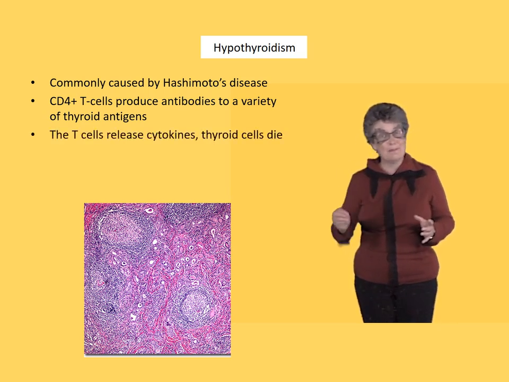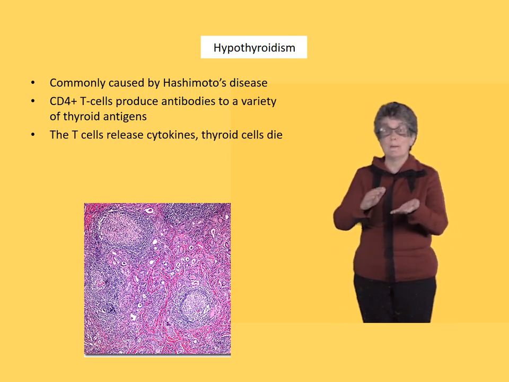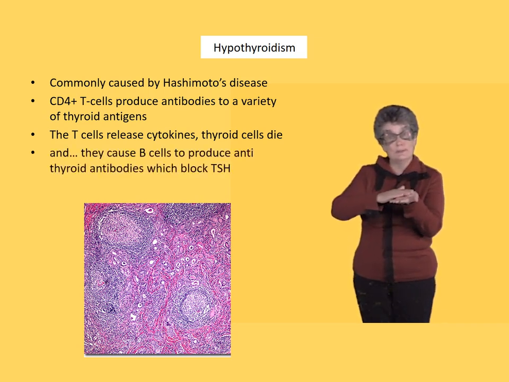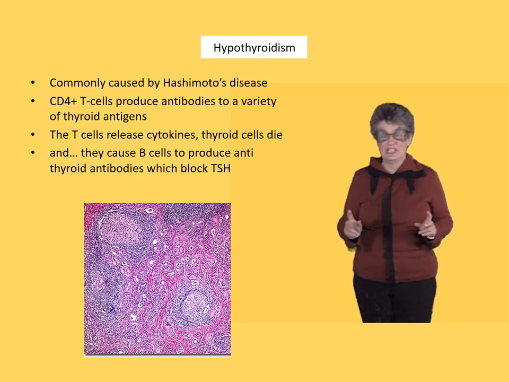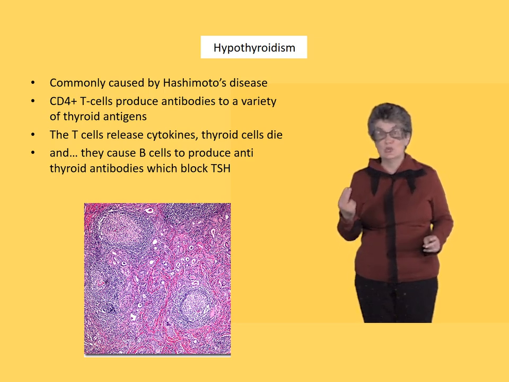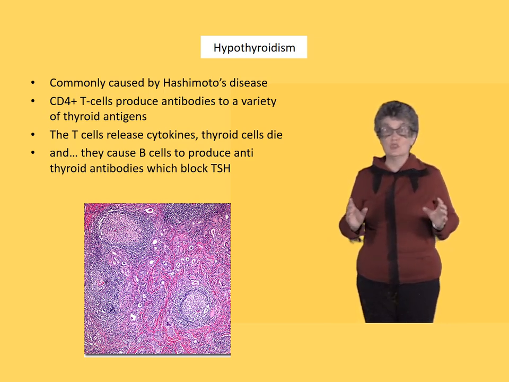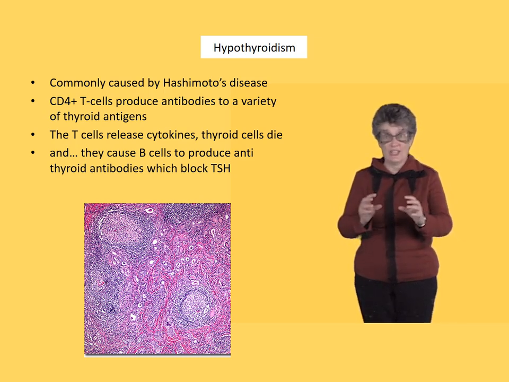It's classic apoptosis. And they cause B cells to produce anti-thyroid antibodies, which block the TSH receptors. So, hypothyroidism in Hashimoto's disease has two mechanisms, one driven by antibodies blocking the TSH receptors, and one driven by a direct attack of T cells on the cells that make up the thyroid follicles.